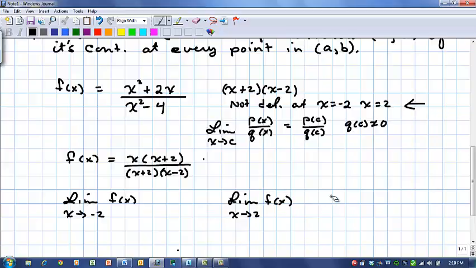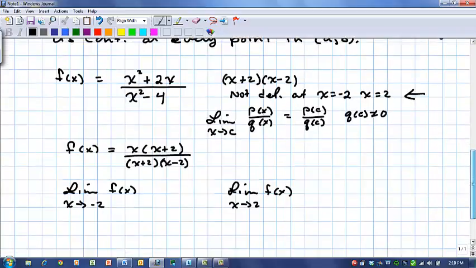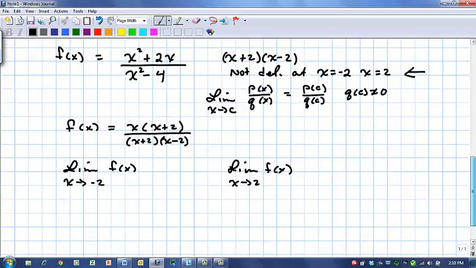The bottom line is, if the limit exists, then I can redefine the function, and it will be a removable discontinuity. And if the limit does not exist, then I cannot redefine the function, and it'll be a non-removable discontinuity.